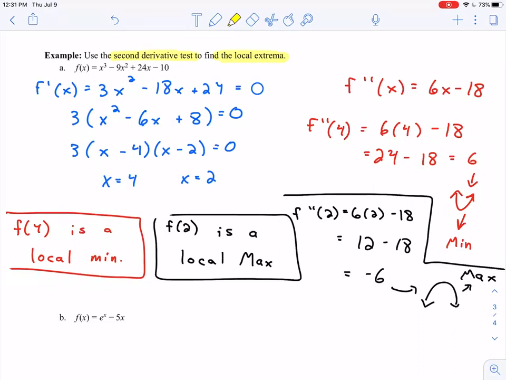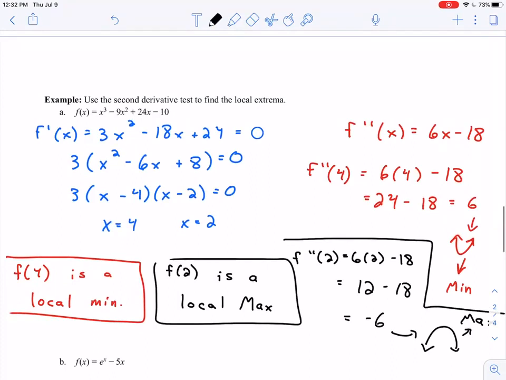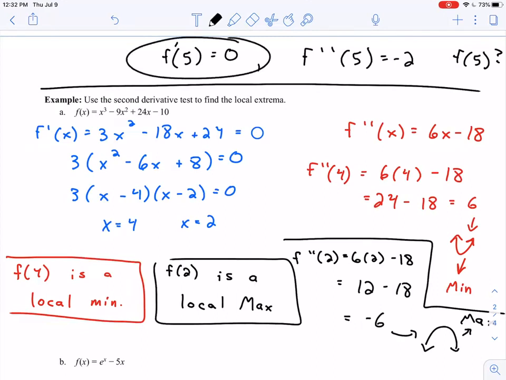Or perhaps I might say something like, and this is just an aside here, if I know that f prime of 5 is equal to 0, and f double prime of 5 is equal to negative 2, what can we then conclude about f of 5? Well, first of all, we have a horizontal tangent line.